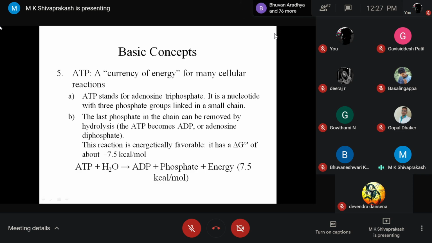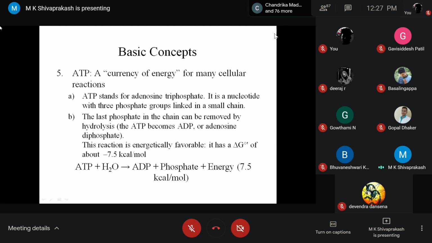It's a nucleotide with three phosphate groups linked in a small chain. ATP's previous state is ADP, and the basic state is AMP, adenosine monophosphate, with a single phosphate bond. By adding one more phosphate, it becomes ADP, adenosine diphosphate. By adding a third phosphate, it becomes adenosine triphosphate, the ultimate state of the molecule.